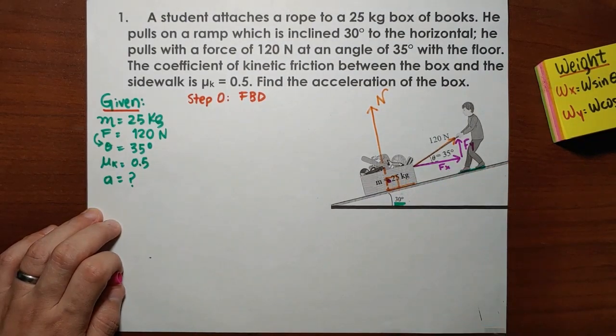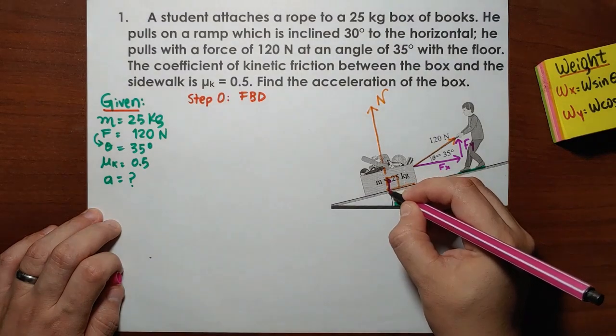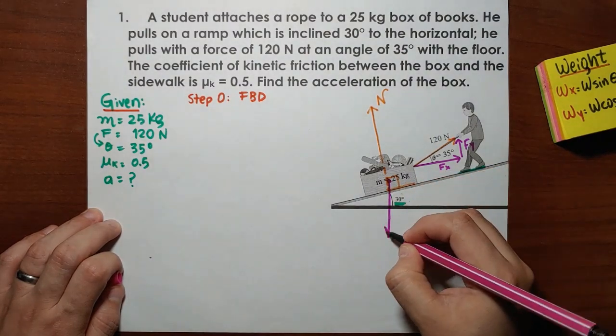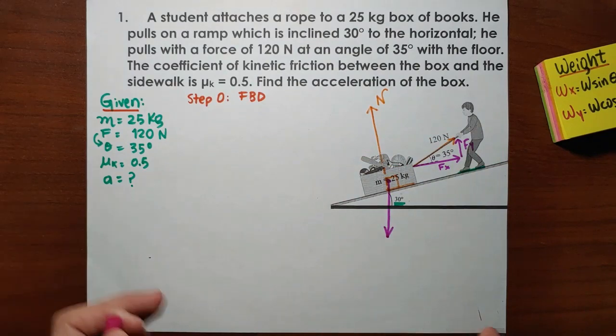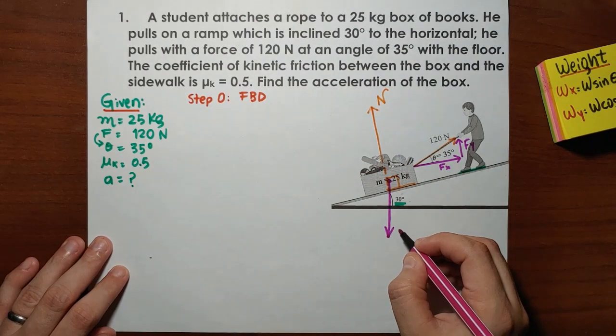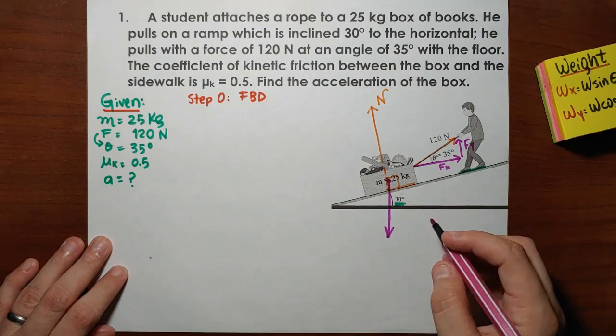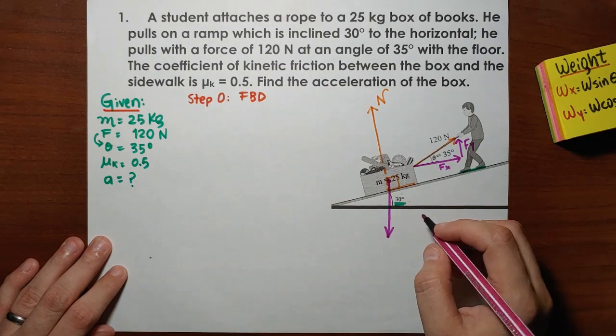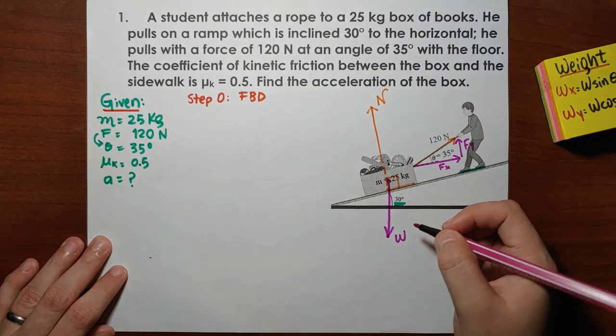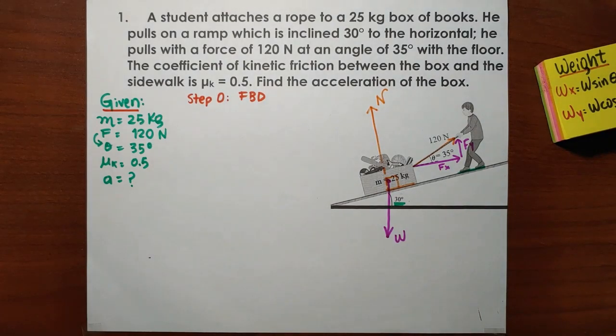And it's always coming downward, straight downward, not like the normal that is located according to the surface. No, my weight is always coming downward. Now, here is where the magic occurs.